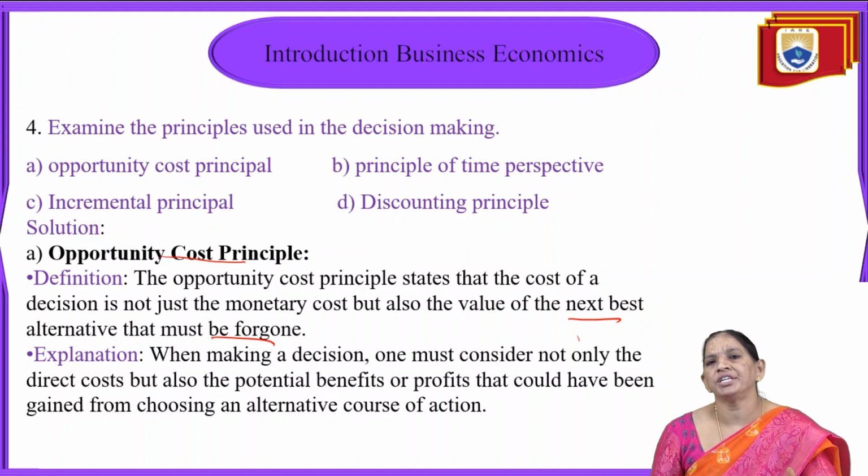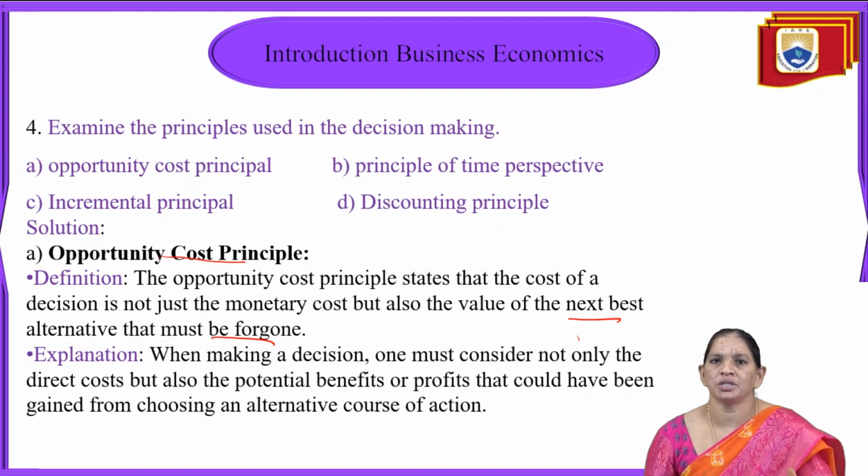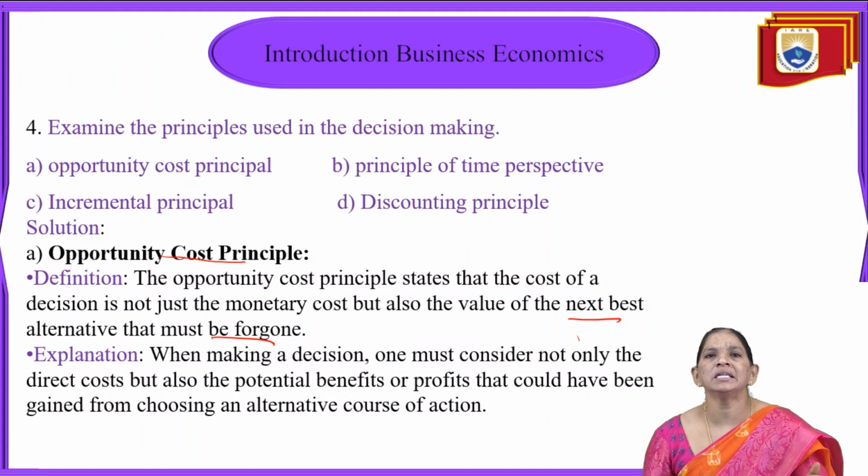Every business must have an opportunity, because business involves putting in a lot of capital. Without any other alternative, with only one option, we cannot start the business. So every factor must have an opportunity cost principle.